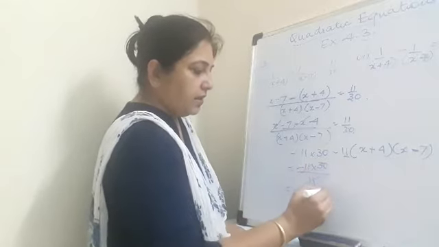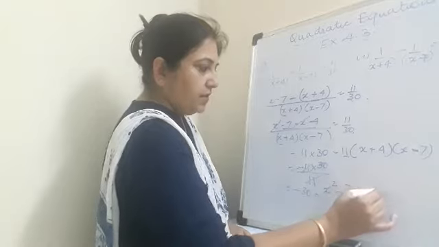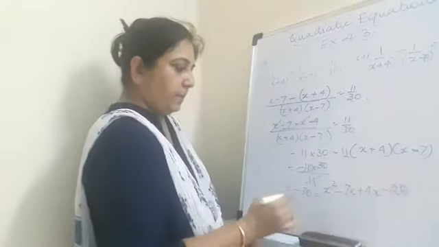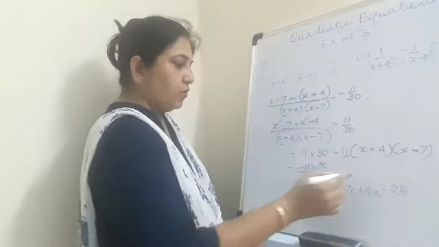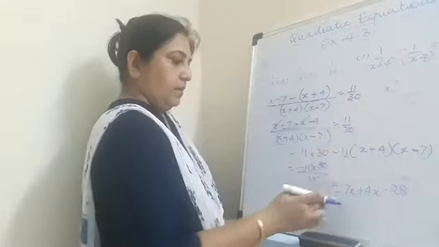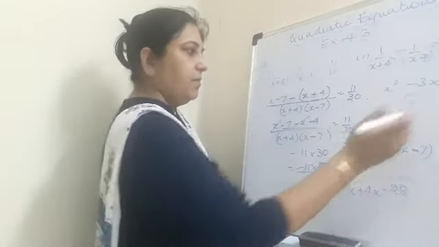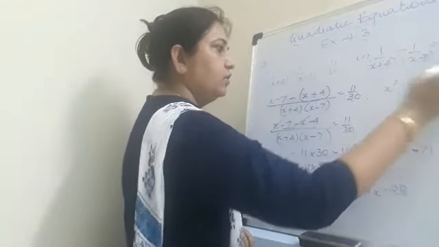Here I will get x square minus 7x plus 4x minus 28, and then I will solve it. On solving I get x square, minus 7 plus 4 gives you minus 3x, minus 28 plus 30 gives you 2, which is equal to 0.